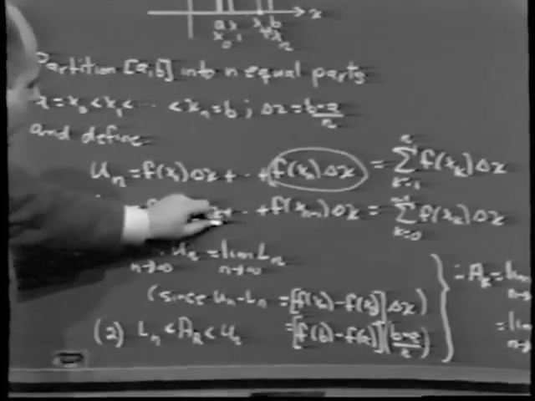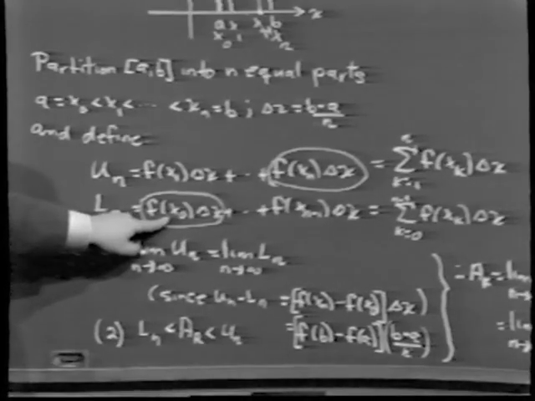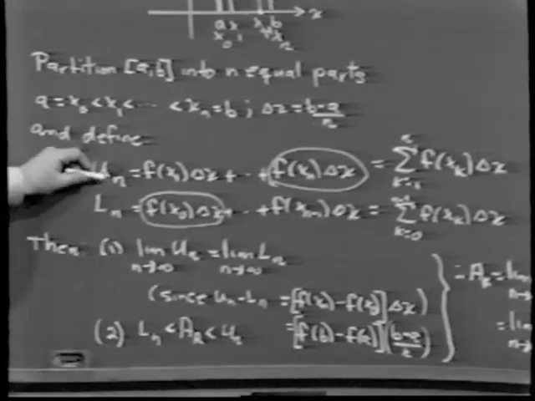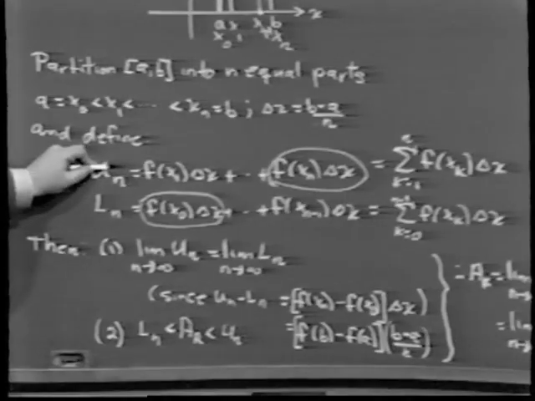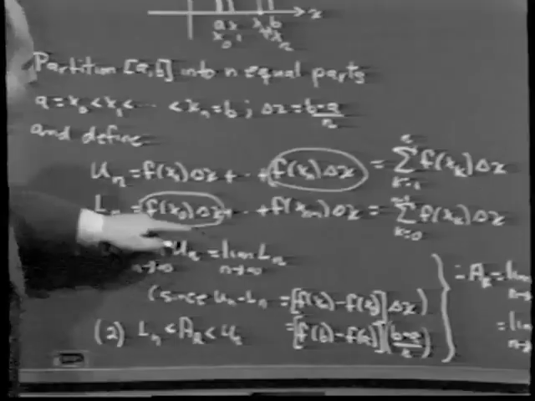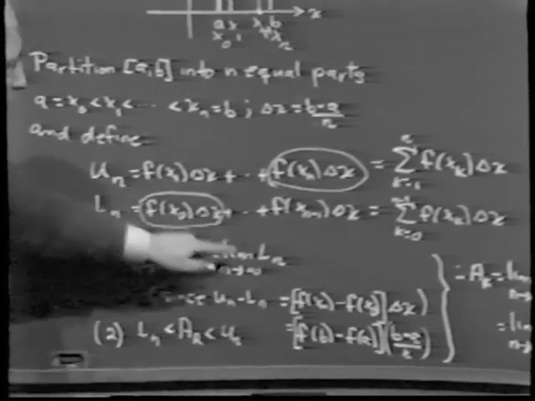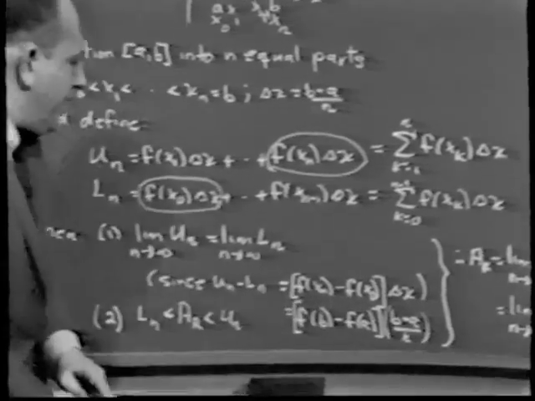Similarly, there is no zero subscript in U sub n, so this term won't cancel. To make a long story short, if we just subtract L sub n from U sub n, that difference will be f of x sub n times delta x minus f of x sub 0 times delta x. See, that's just this difference over here.